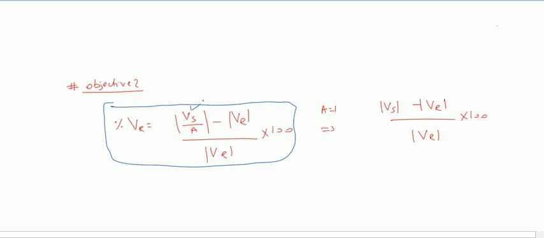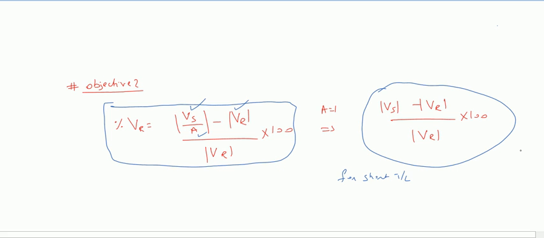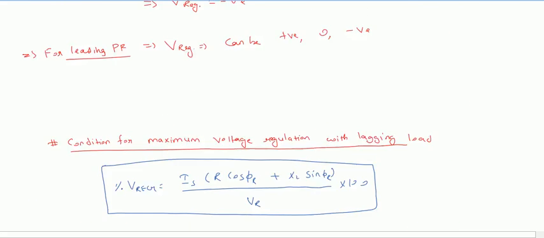So we have to find Vs, Vr and A for any transmission line. For a short transmission line, we can use this. But the analysis which we have done, what was that?